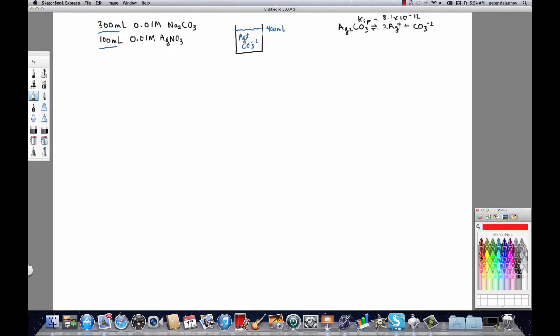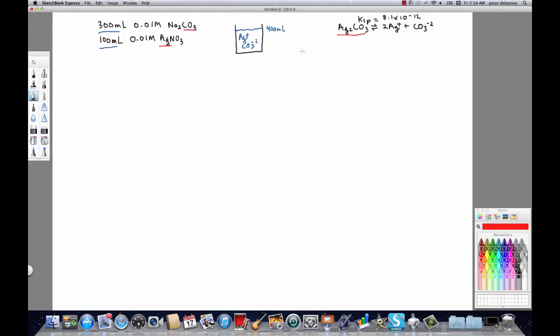Silver carbonate is the solid you would expect to form on the bottom of this beaker if the concentrations of carbonate and silver are in the right proportion to cause the equilibrium to shift towards formation of the solid.